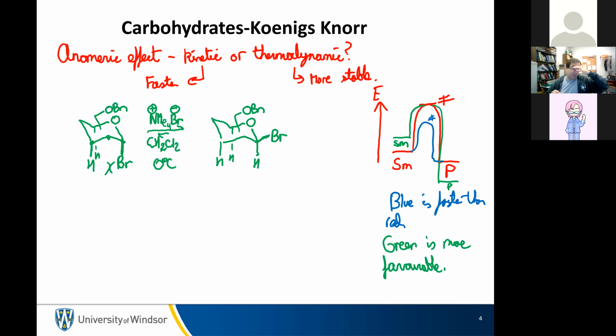As things get bigger than bromine, like methyl groups, the effect gets even bigger. And we saw that equatorials are favored for steric reasons with the reverse anomeric effect. There it was so dominant that no matter how positively charged that thing was, no matter how great the anomeric effect was, it's basically entirely equatorial because it's just so huge.